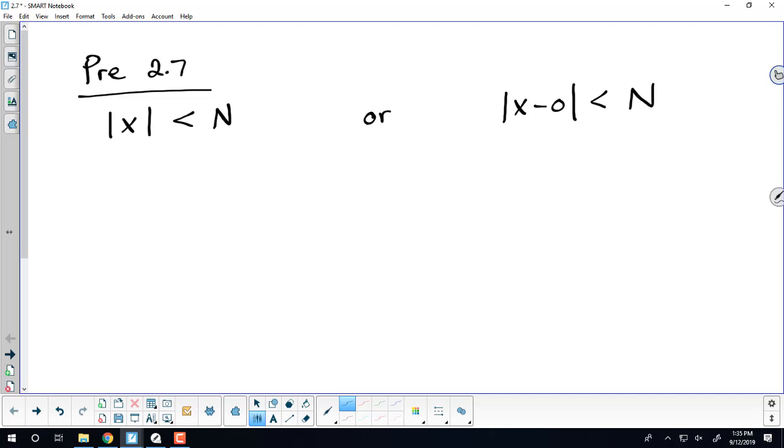What does that mean? It's a piece that falls between, say, if x was 3, between -3 and 3. For example, the absolute value of x is less than 3.